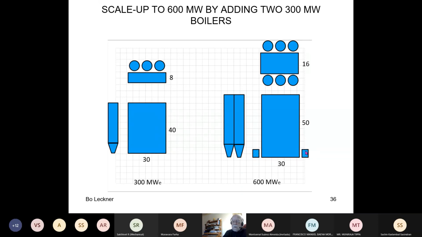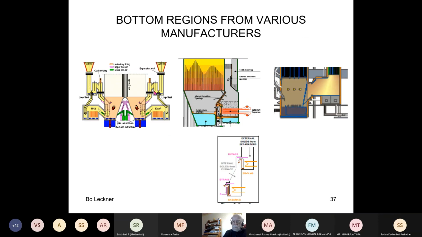So they were obliged in this size to have external heat exchangers. This is nothing desirable because it is a complication, but as you have seen before, it is possible, and it can be done. This again, I've shown this a couple of times. Lurgi type of external heat exchanger, very complicated, and they just control the amount of material by the valve here, and the rest goes back into the furnace.